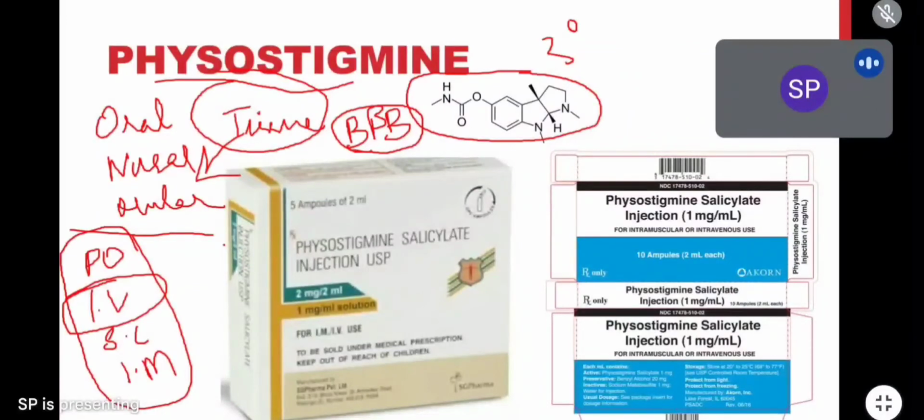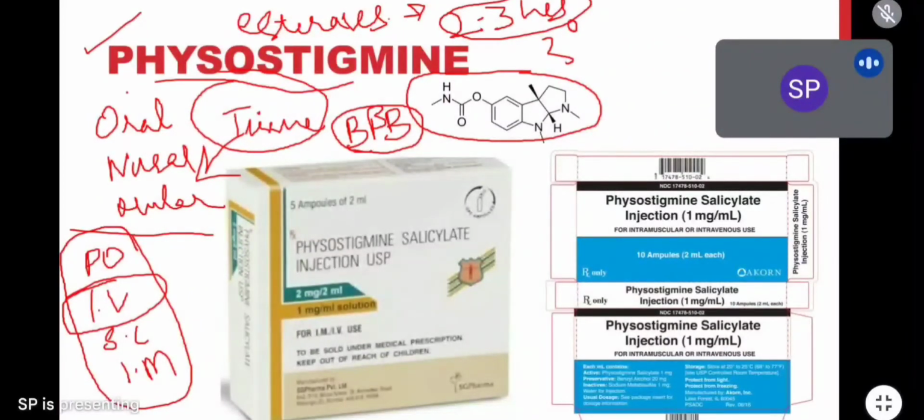In the blood and in the liver we have esterases, plasma esterases. These esterases will immediately metabolize the physiostigmine, and through that physiostigmine is rapidly excreted in the urine, and its duration of action will be between 2 to 3 hours. Only 2 to 3 hours. That's it.